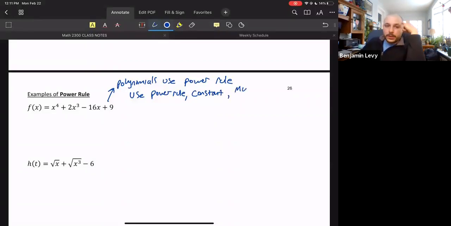We're going to use the multiple rule, and the sum rule. So a bunch of things come into play, and it's not hard stuff. If you've never seen this before, maybe it does seem hard, but what I'd like to preview is that this stuff should become second nature, and it's not terribly difficult. It's easier than doing the limit, that's for sure.